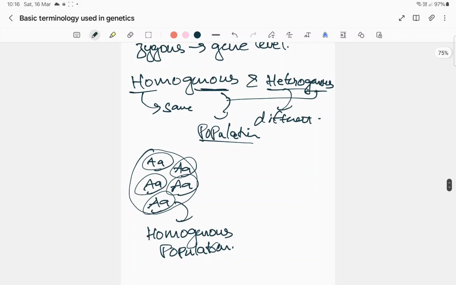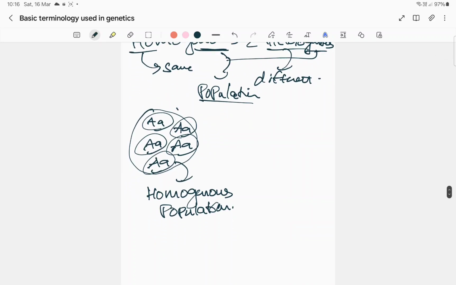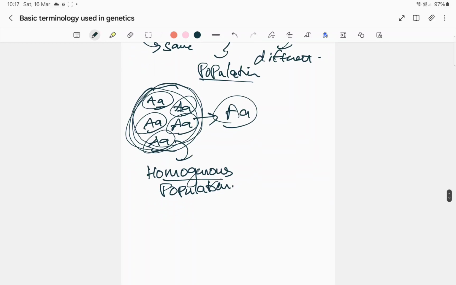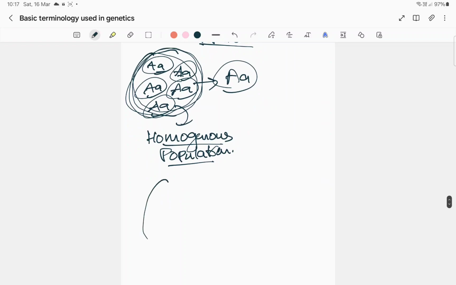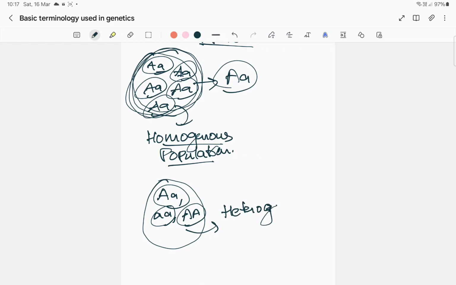In a homogeneous population, all the plants in the population should be the same. See here, all the plants are capital A, small a. So we can say it is a homogeneous population. If all the plants in that population are different, small a, capital A, capital A, capital A, small a, like this, then it is called a heterogeneous population.